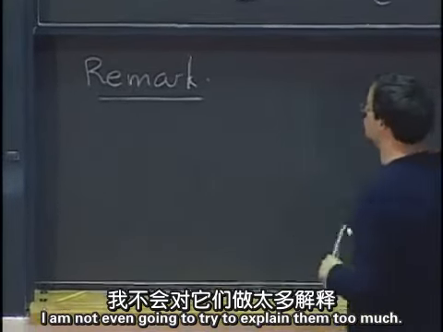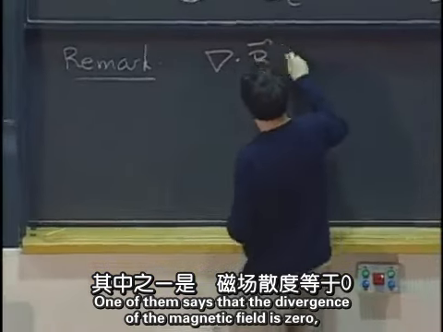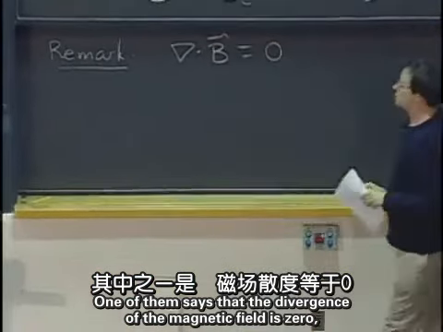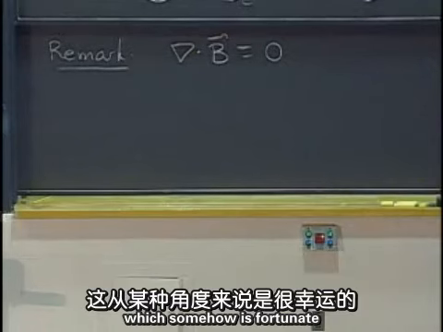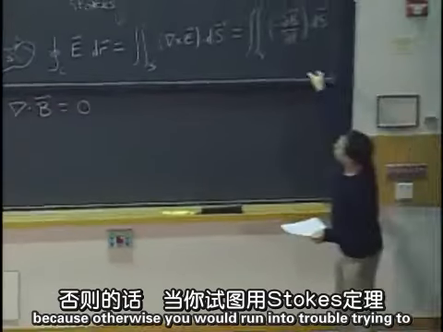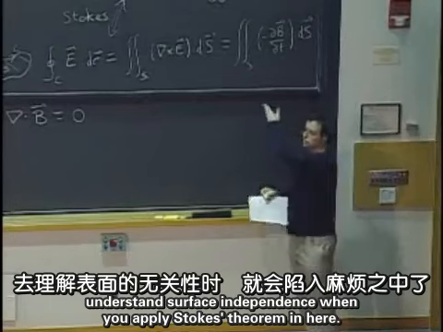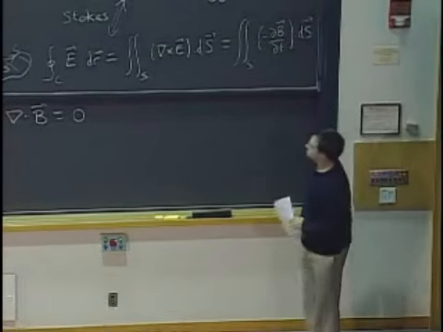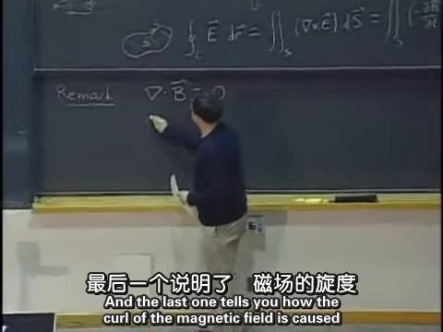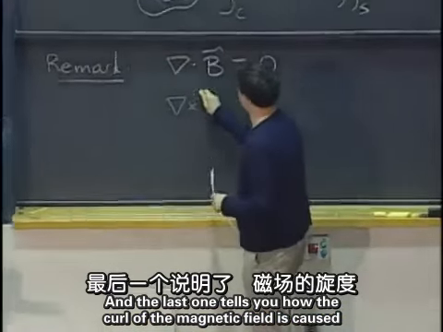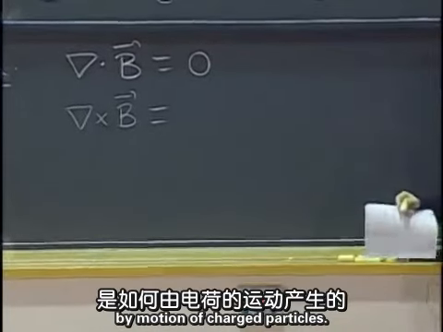I'm not even going to try to explain them too much. So one of them says that the divergence of the magnetic field is 0, which somehow is fortunate because otherwise you would run into trouble trying to understand surface independence when you apply Stokes' theorem in here. And the last one tells you how the curl of the magnetic field is caused by motion of charged particles.